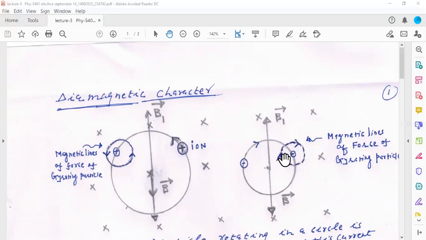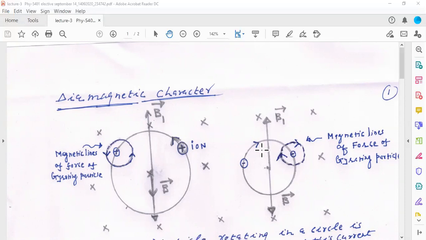The direction of the additional magnetic field inside the orbit is opposite to the applied magnetic field. Your applied external magnetic field is going into the plane of the paper, and the additional magnetic field, because of the gyration of the electron inside the Larmor orbit, is exactly opposite. It is coming normally outward from the plane of the paper.